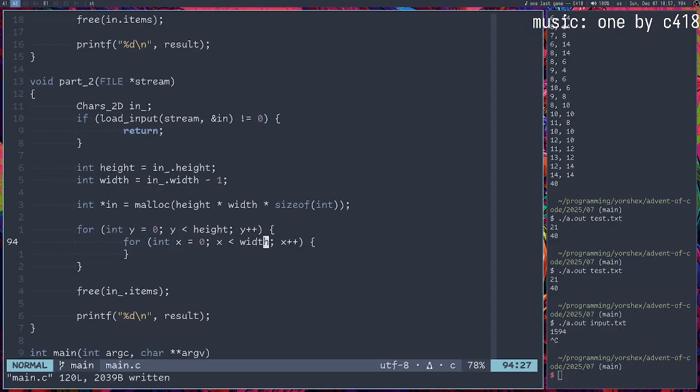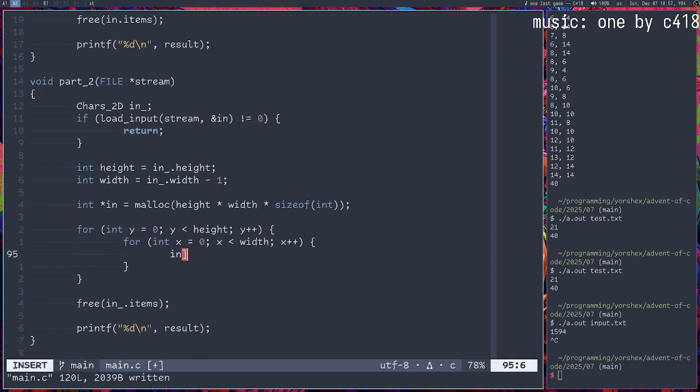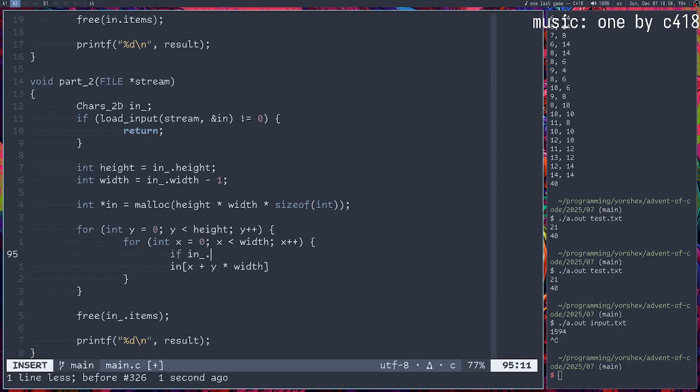Alright, so in x plus y multiplied by width, if in underscore items with in width, this is complicated.